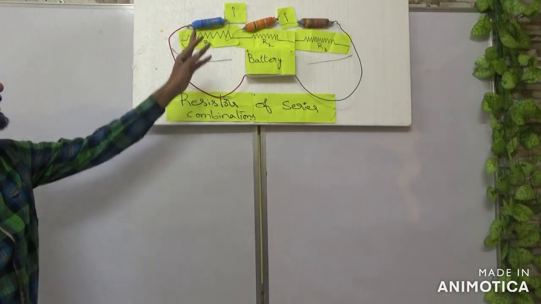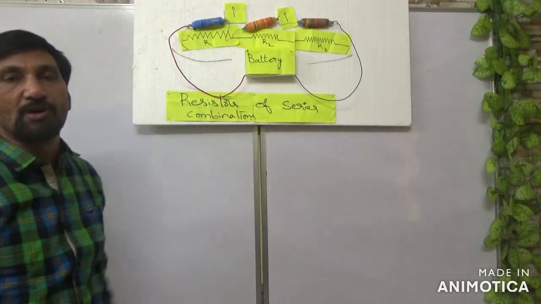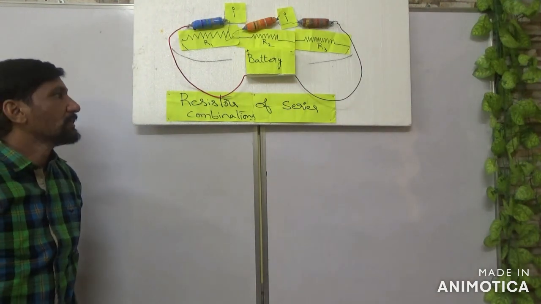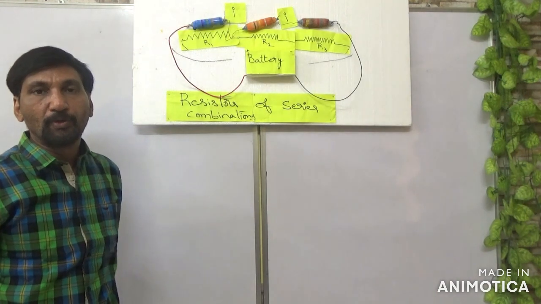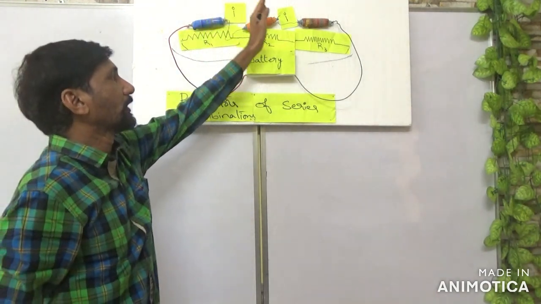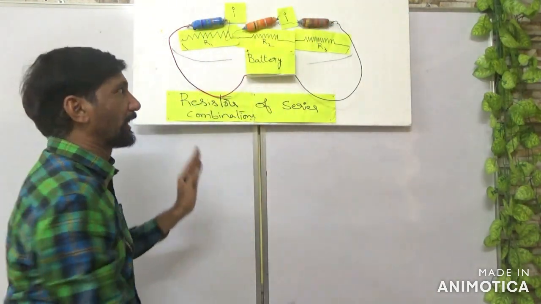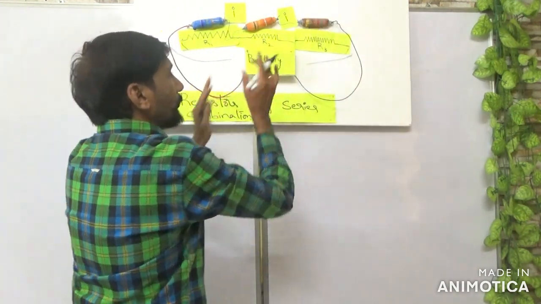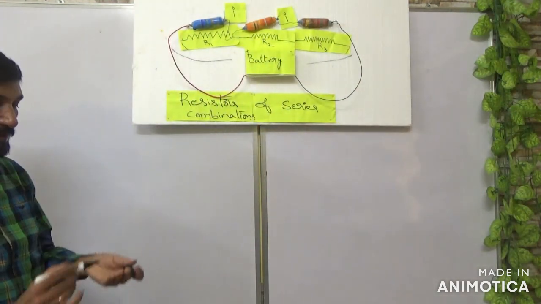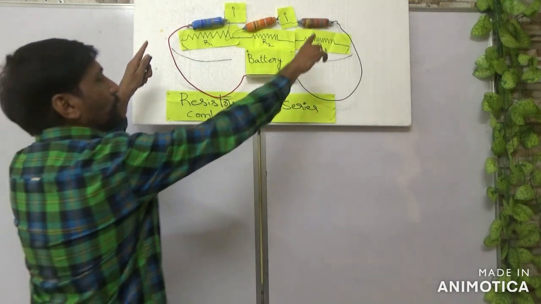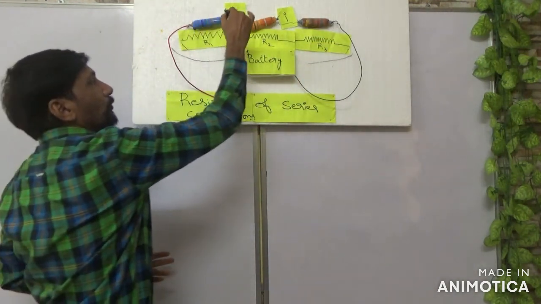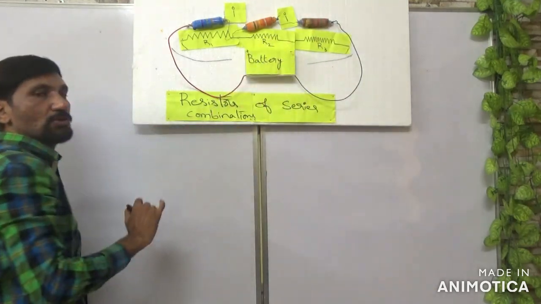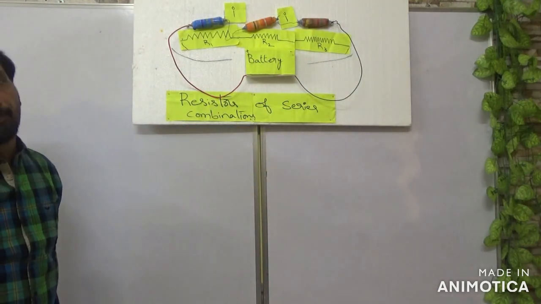So three different resistors are joined in series combination. Current through each one remains the same when the ends are connected to a battery. Whenever you give a power supply to the ends through a battery, the current that flows through these three resistors remains the same.